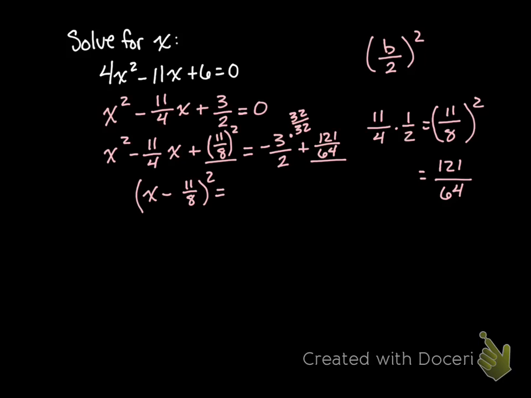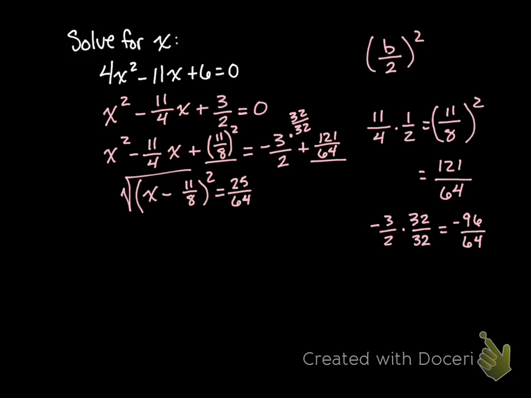Negative 3 times 32, I guess we could do this down here if you need to, we should get negative 96 over 64. Now, negative 96 plus 121 is 25. So this should give us 25 over 64.